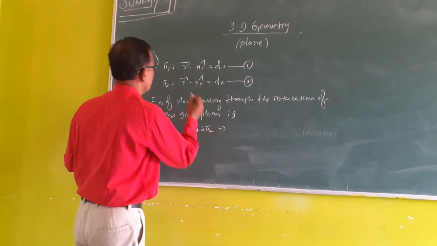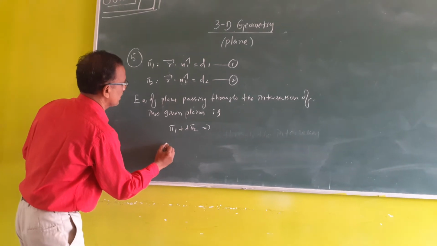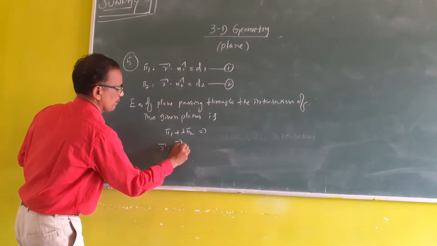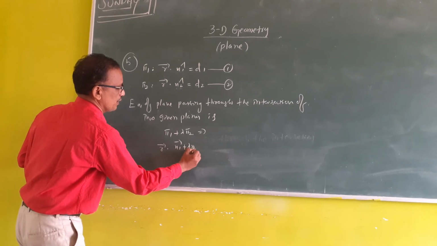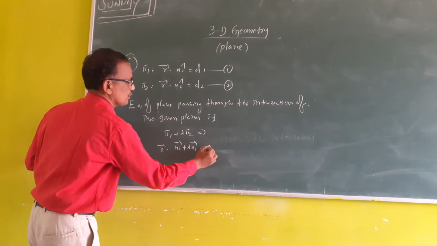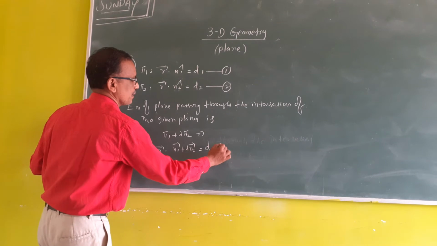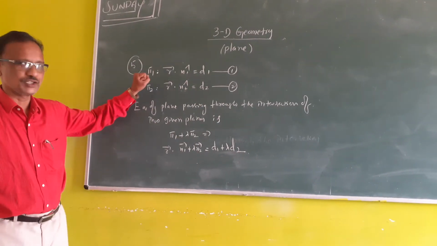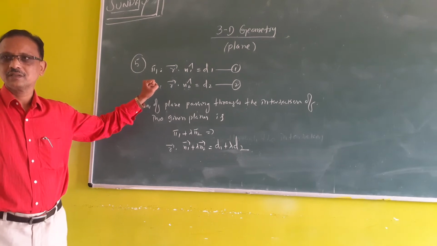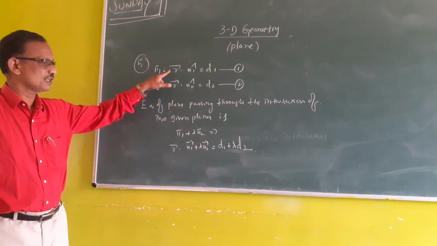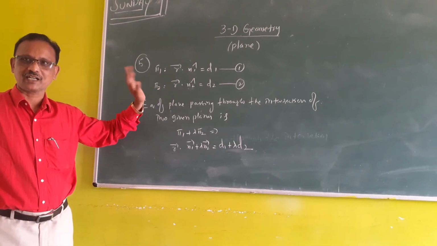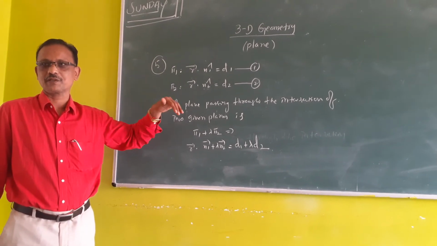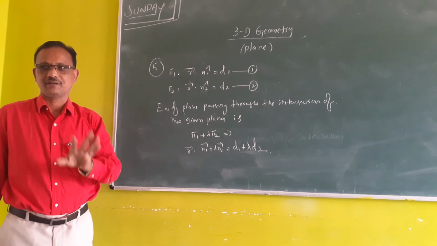Implies r bar dot n1 cap plus lambda into n2 cap is equal to d1 plus lambda into d2. We are clubbing these two. We write r bar only one time because it is a general point, and a general point is always represented by r bar or xyz.